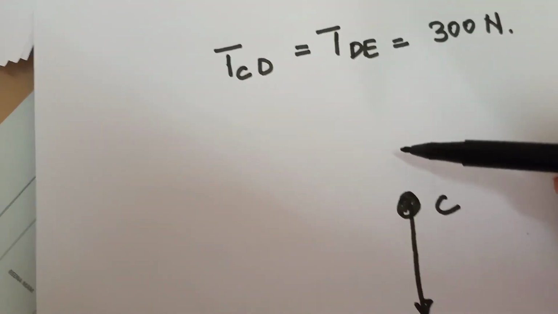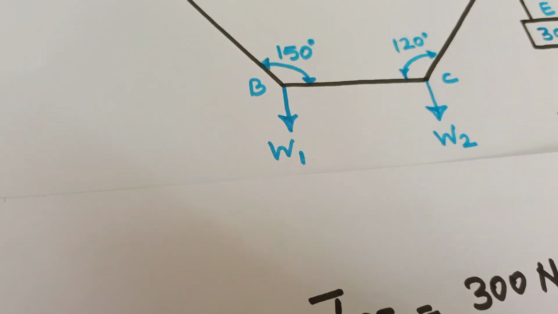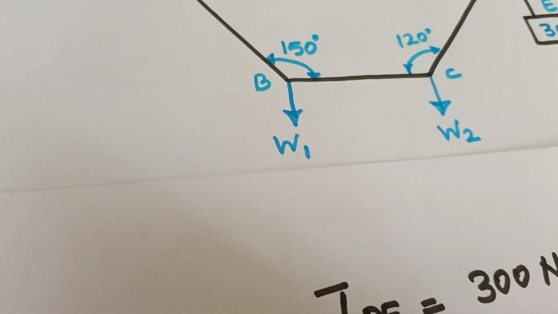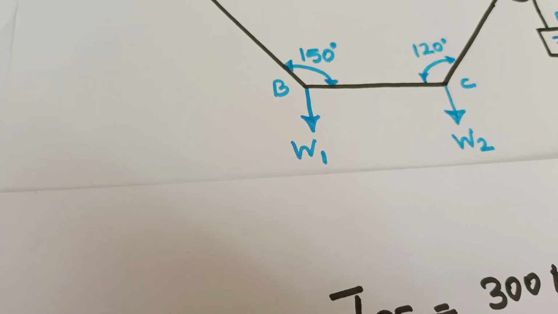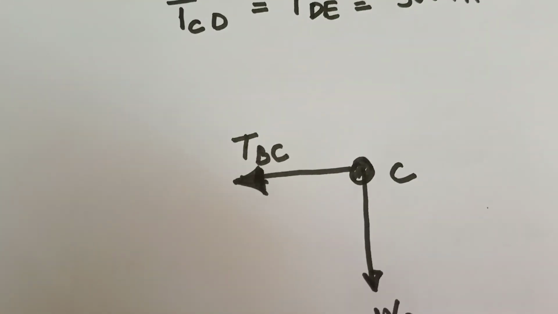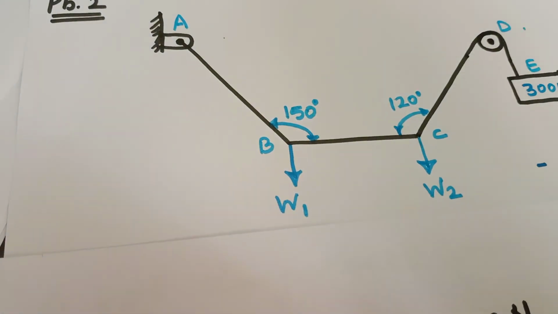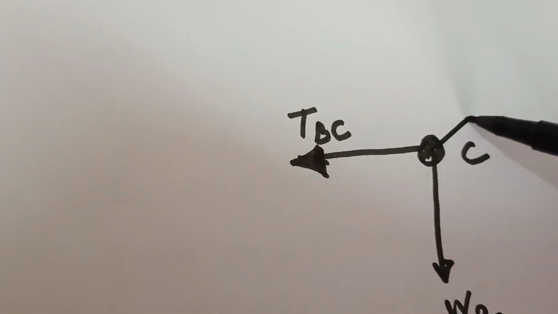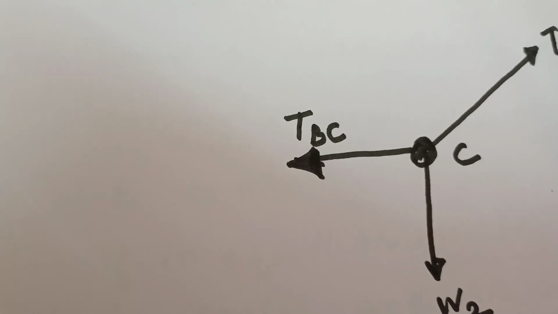Then we have BC, so I can show a horizontal line BC as it is in equilibrium, that is TBC, and the third is CD, that is TCD.